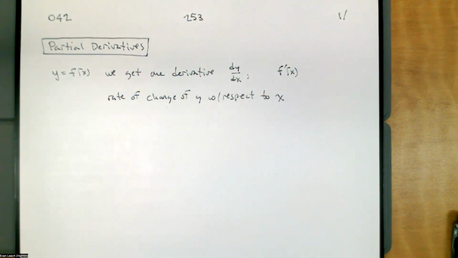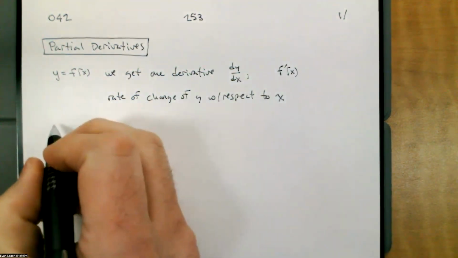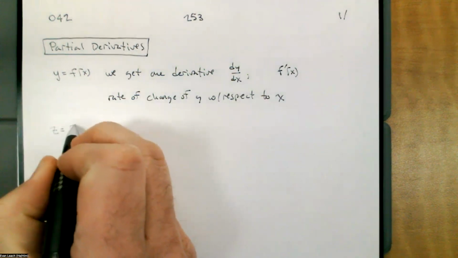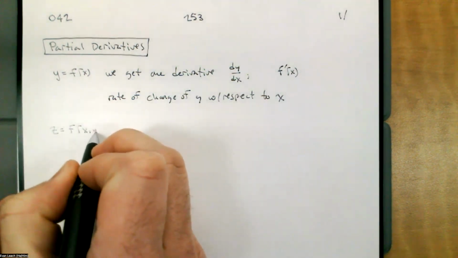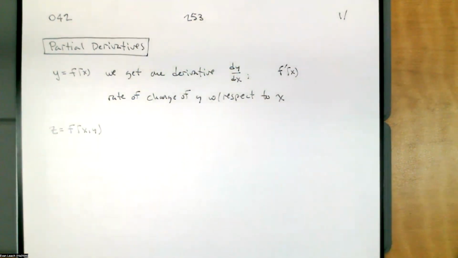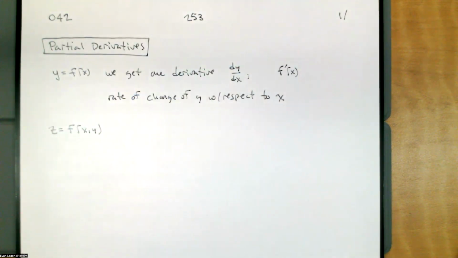Now, what we want to do is upgrade not only our notation and our thinking, we're going to increase the number of variables. Let's see what we get. So now we have z is a function of x and y. z is a function of x and z is a function of y. Instead of having one derivative, dz dx, we'll get two derivatives, dz dx and dz dy.